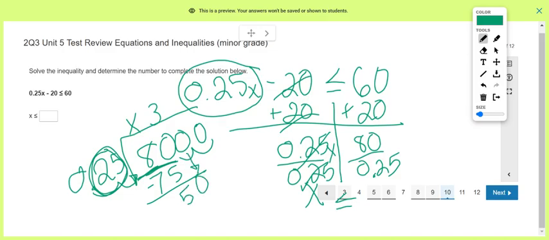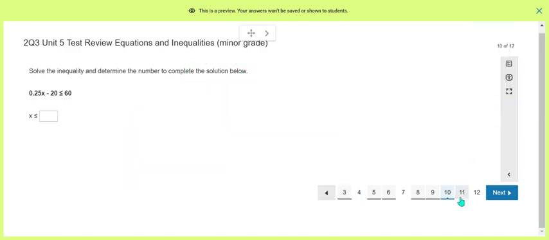We're going to keep dividing. 25 goes into 50 2 times. 2 times 25 is 50, and there's no remainder, but we're not done dividing. We have one more digit. We need to bring it down and finish dividing. 25 goes into 0 times. So x is any number that is less than 320.